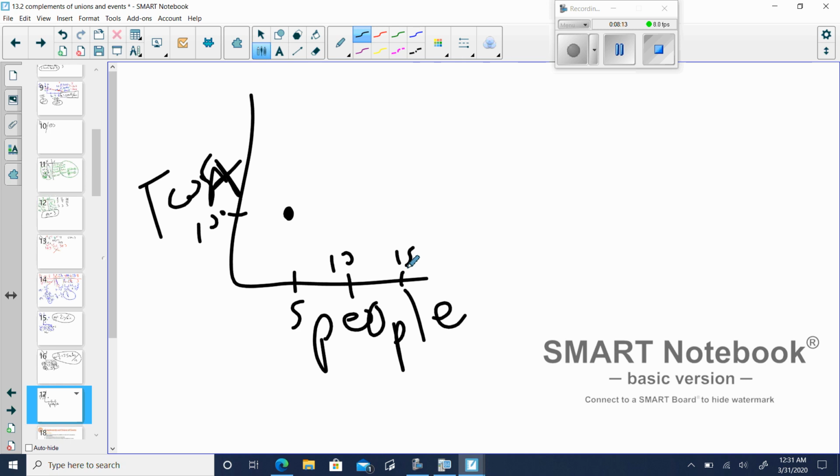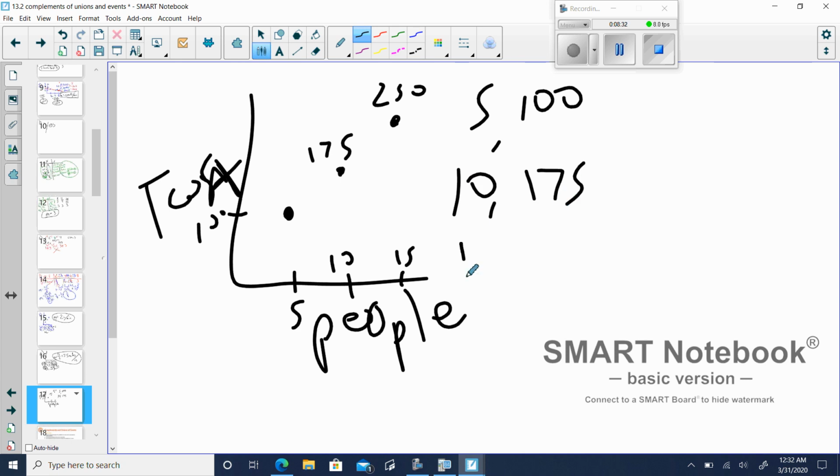At 10 we come up to 175, and at 15 it looks like we go up to 250. So 5, 100; 10, 175; 15, 250.